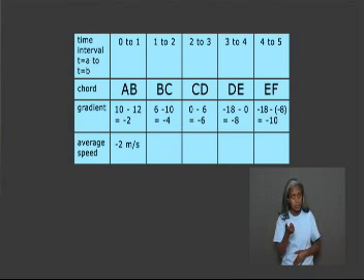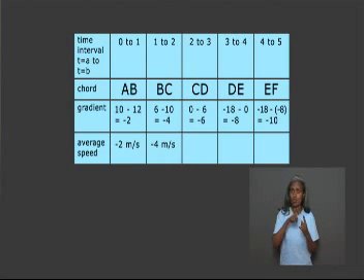The average speed for interval 1 to interval 2 is -4 meters per second. The average speed for interval 2 to interval 3 is -6 meters per second.